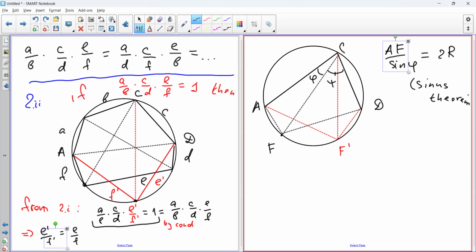the extended version. So from the triangle ACF, for example, we have the ratio AF to the sine of the opposite angle. So here it would be called just the sine theorem.